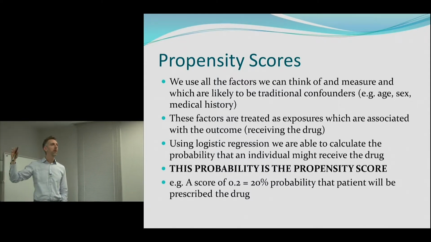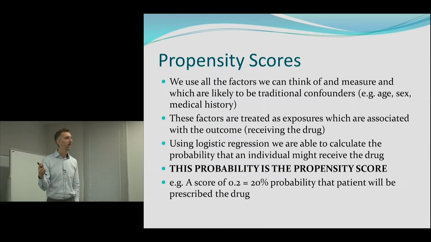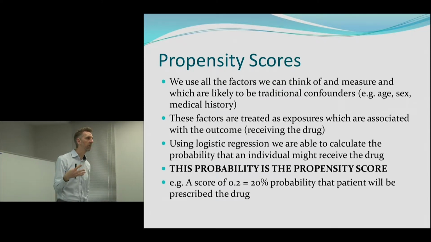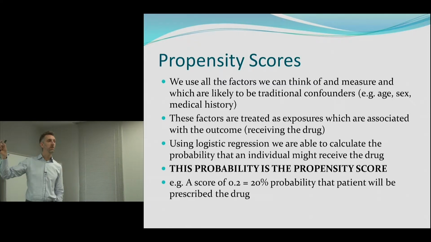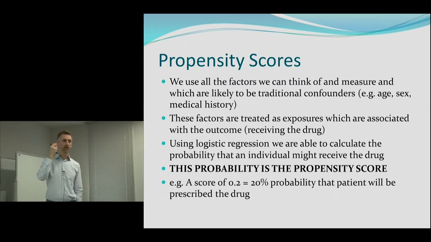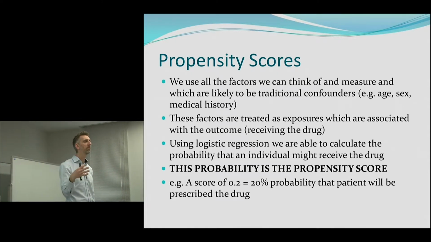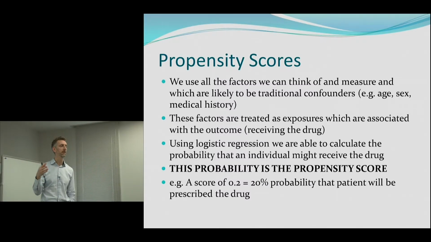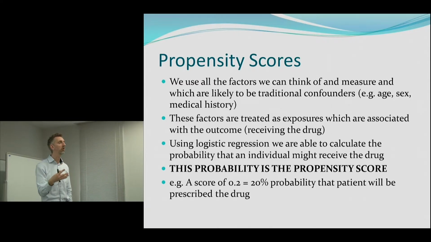We simply run a logistic regression model with all of those variables in it, and after running that regression model, we then run a simple command in the software that calculates a probability for each patient in the group that says, based on their risk factors, what was the probability that they would be prescribed a statin. It doesn't actually matter at that point whether the patient did receive a statin. The probability will be a true probability if we've got a good model.